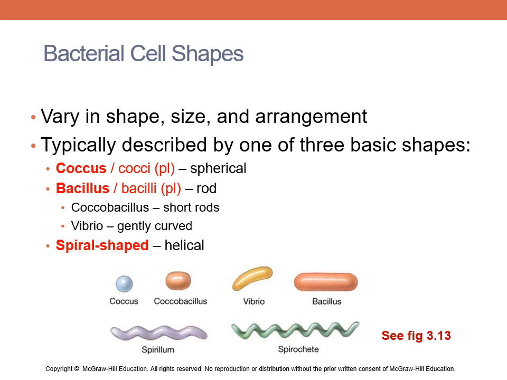For example, coccobacillus are short rods and are sometimes difficult to make out as rods and can sometimes be mistaken for cocci. There are also bacilli that are gently curved like a comma, and these are called vibrio. A little more extreme are the spirillum and the spirochetes that are spiral or corkscrew shaped.